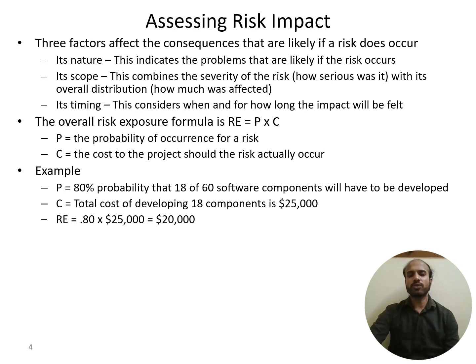C, the total cost of developing 18 components, is $25,000. So with 80% probability and $25,000, we can calculate the risk exposure, which is 0.80 into 25,000, which is 20,000. So the risk exposure is $20,000.